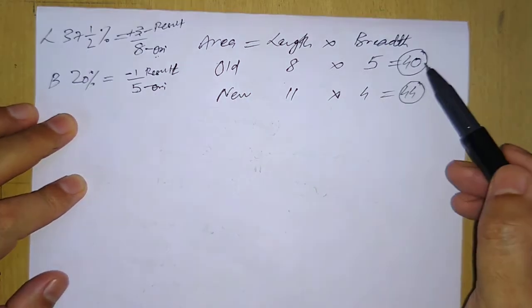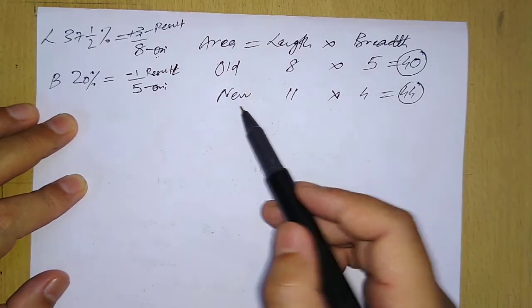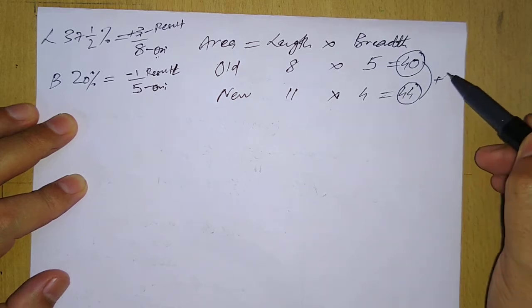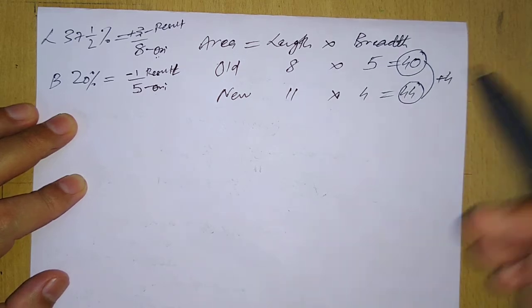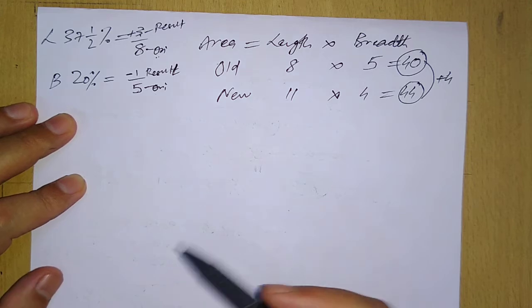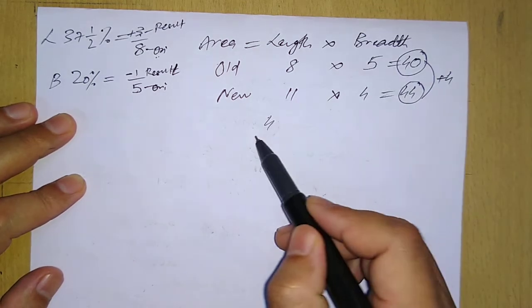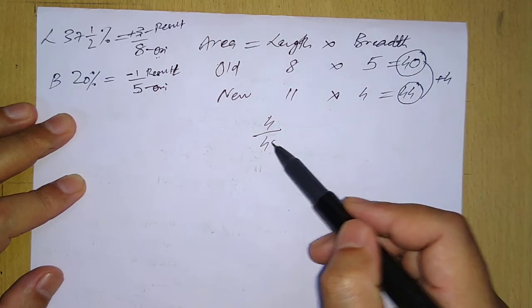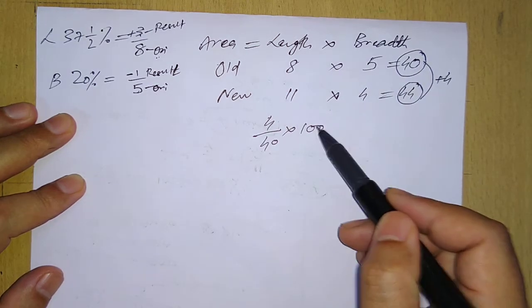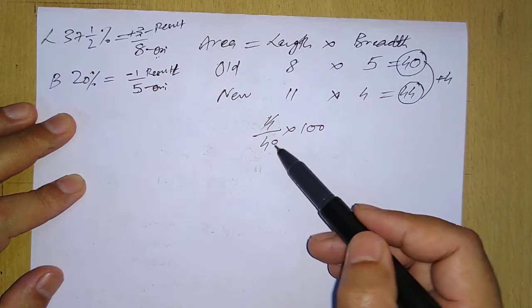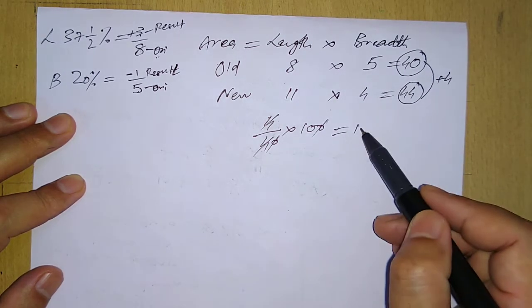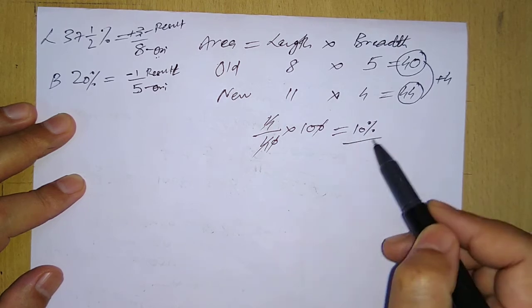So the old area is 40 and the new area is 44. So it has been increased by 4 units. To find the percentage change, 4 units has been increased out of the old area 40, into 100. So 10% increased.